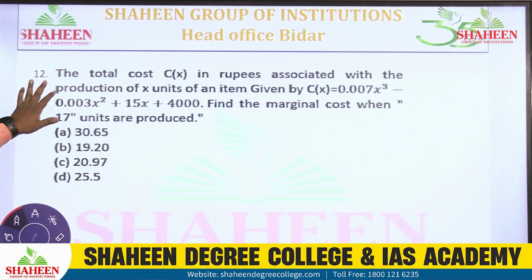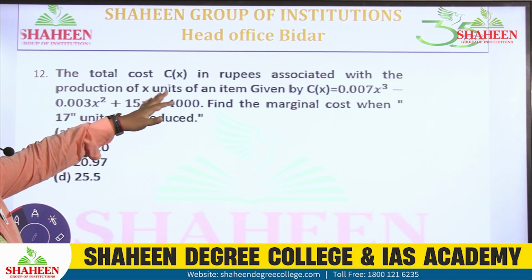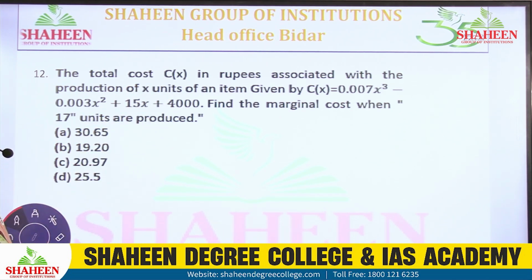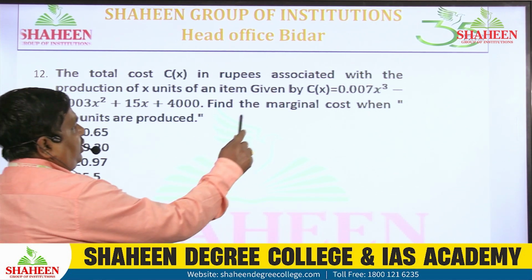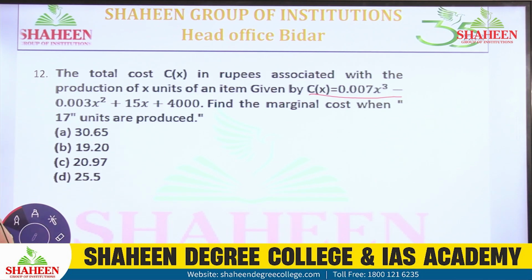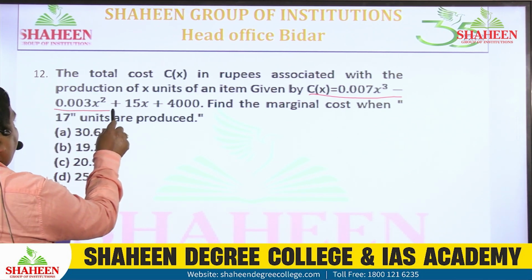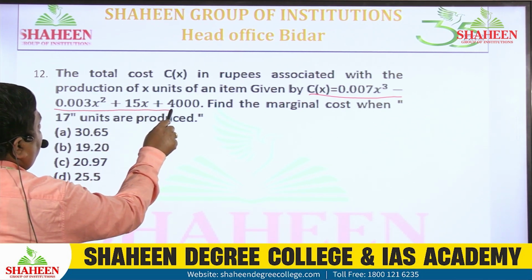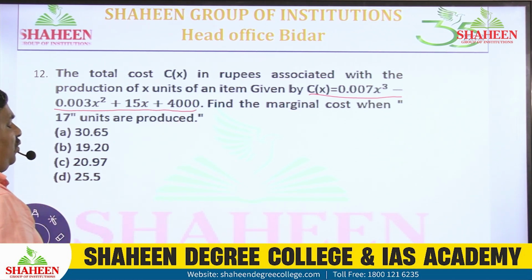Question number 12. The total cost C of x in rupees associated with the production of x units of an item is given by C of x is equal to 0.007 x cube minus 0.003 x square plus 15x plus 4000.